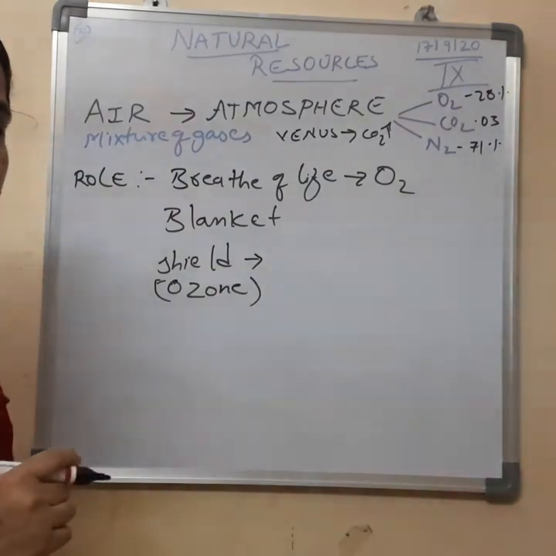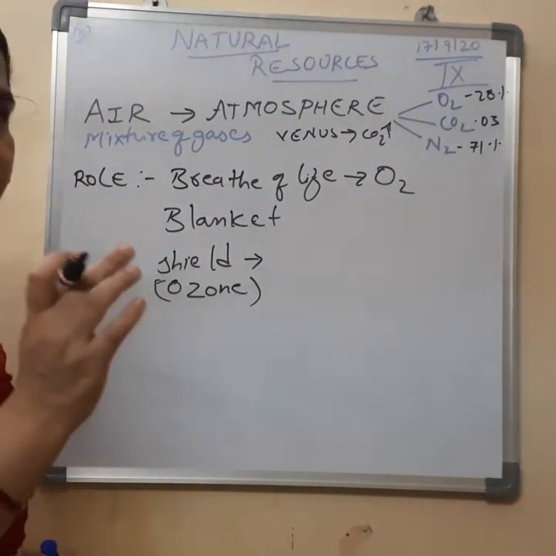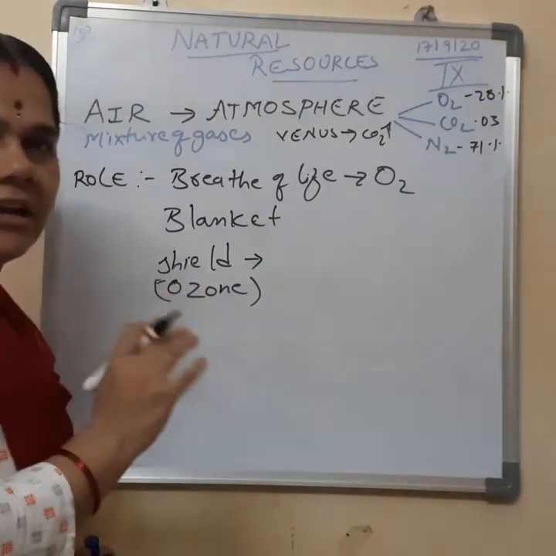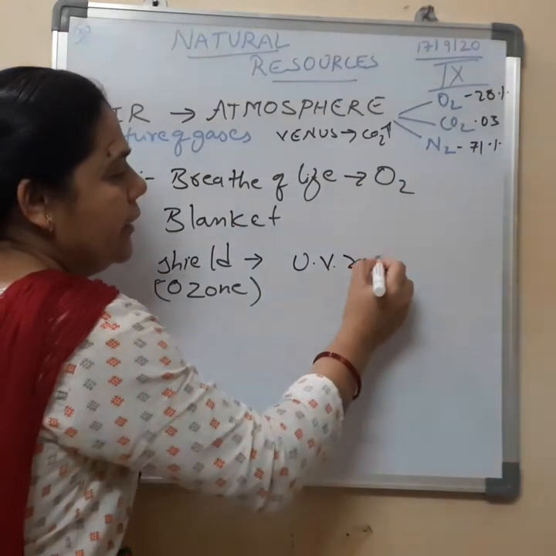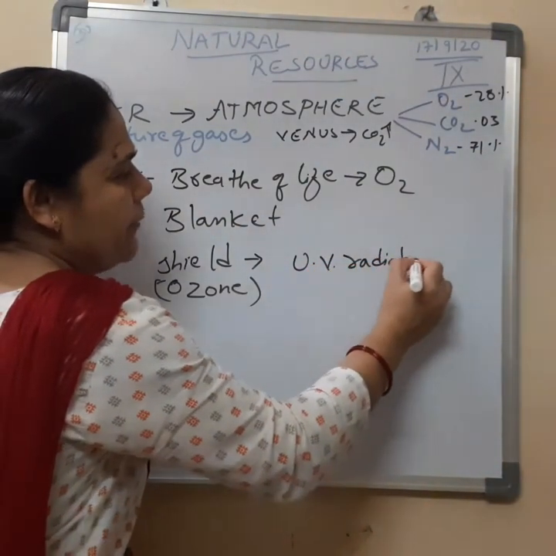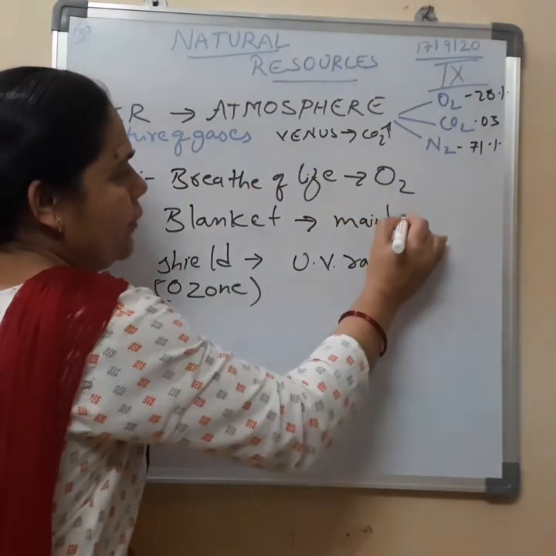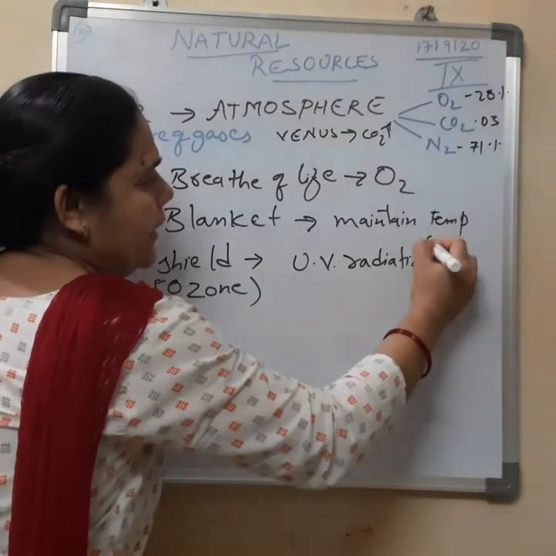The ozone layer will absorb the ultraviolet rays, and will not allow the ultraviolet rays to reach the earth. So it is acting like a shield. Thereby we are protected from harmful UV radiations. And the presence of carbon dioxide maintains the temperature even at night.